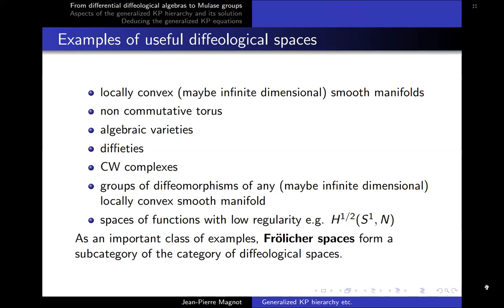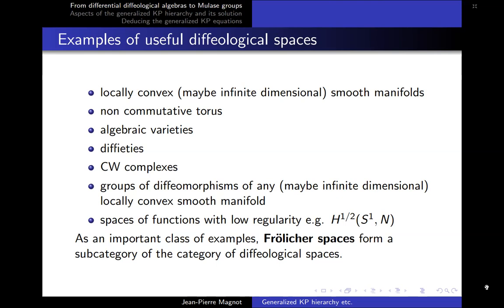In another way of thinking, you can find the non-commutative torus and algebraic varieties. The algebraic varieties are only kernels of polynomials, so as subsets, they are diffeological spaces. In the same way of thinking, diffeties and cellular complexes.